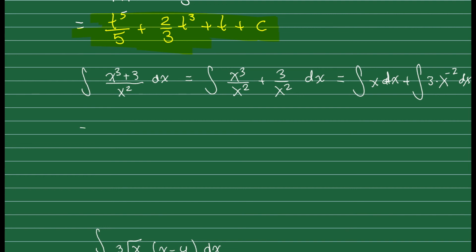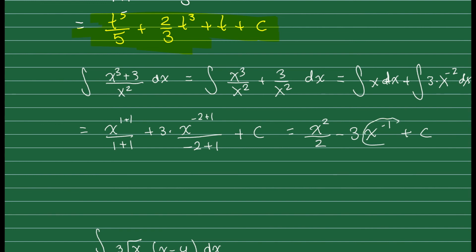The integral of x is x to the 1 plus 1 over 1 plus 1, plus 3 times x to the negative 2 plus 1 over negative 2 plus 1, plus c, and this is equal to x squared over 2 plus, well, the negative 2 plus 1 is negative 1, so actually we have negative 3, so minus 3 x to the negative 1 plus c.